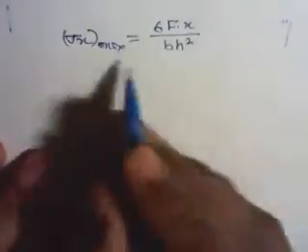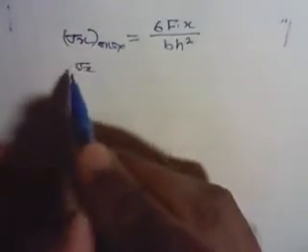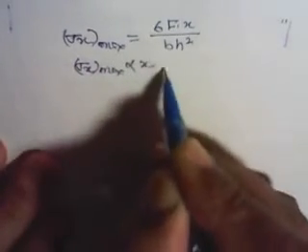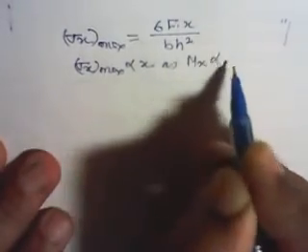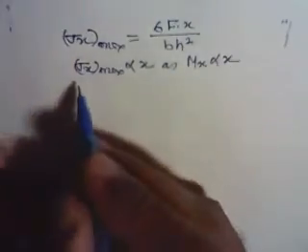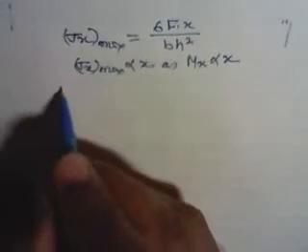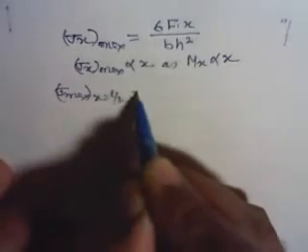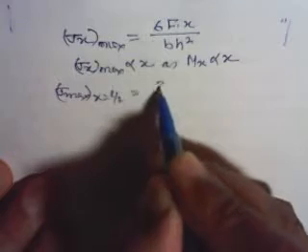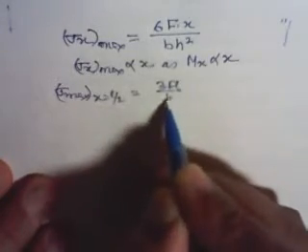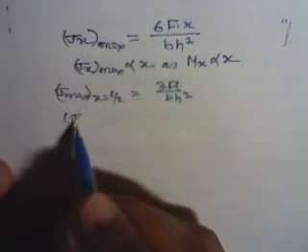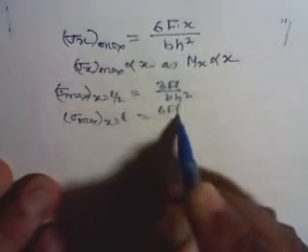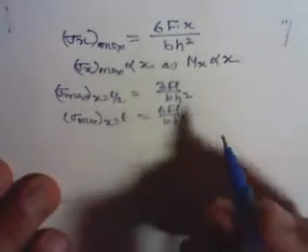So if we see this, sigma X maximum is directly proportional to x, as Mx is directly proportional to x. So we can write the maximum value of stress at x equal to L by 2, for example, is 3FL divided by BH square, and sigma maximum at x equal to L is 6FL divided by BH square.